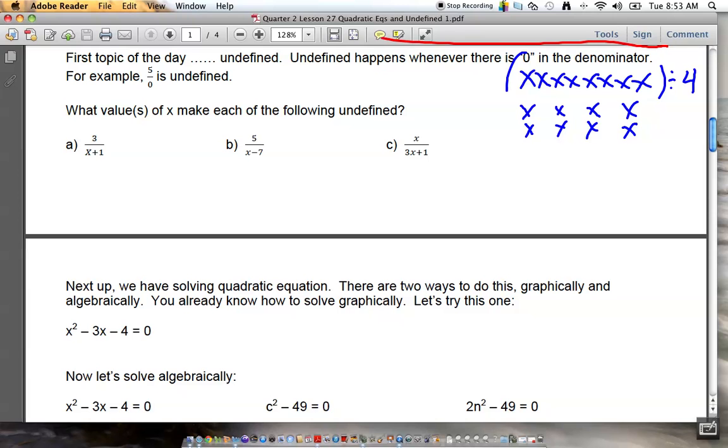The definition of undefined is whenever there's a 0 in the denominator. So if you look at it by inspection and you do a Phoebe, never mind, just take the denominator and write equals 0. And then just solve it.